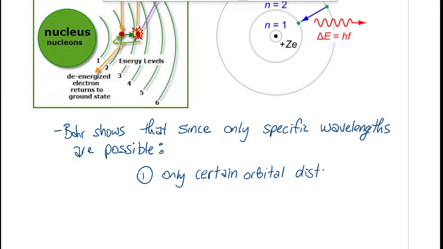You can be in the first orbital, you can be in the second orbital, but you can't occupy the space between them. Only certain orbital distances are possible.